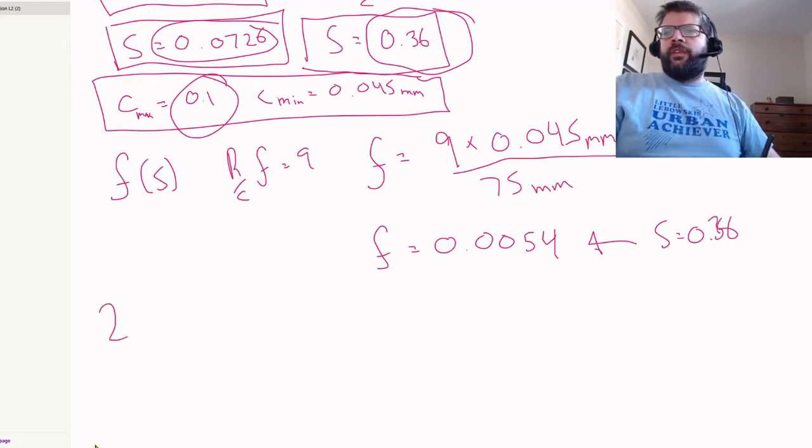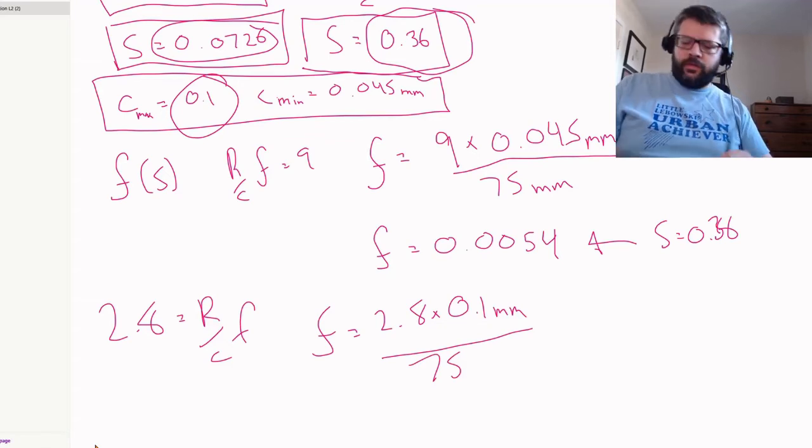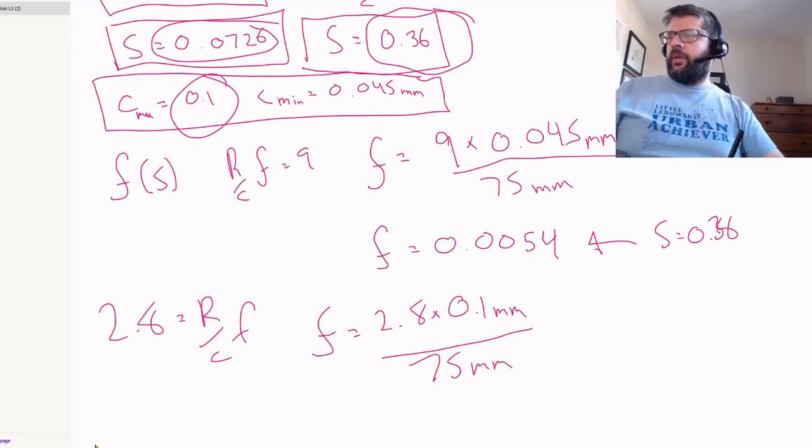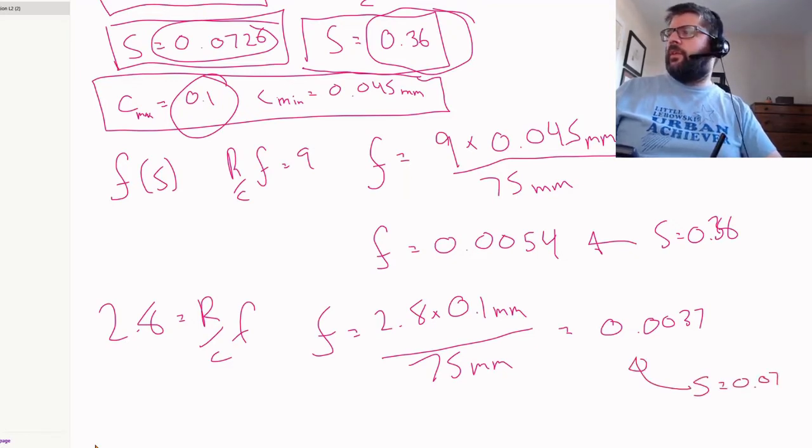So 2.8 is equal to R over C times F. Solving for F, 2.8 times, that was the one with the C max basically, so 0.1 millimeter for our radial clearance, and then the radius again is 75 millimeters. 2.8 times 0.1 divided by 75 gives us 0.0037. And this one is for an S of 0.073.